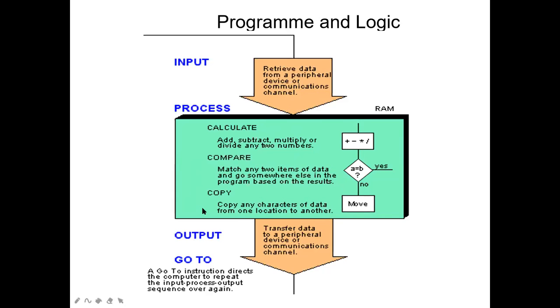All this processing is done in RAM, first the input is processed in RAM and then the output is delivered. Transfer data to a peripheral device or communications channel. This is the program and program logic, right?